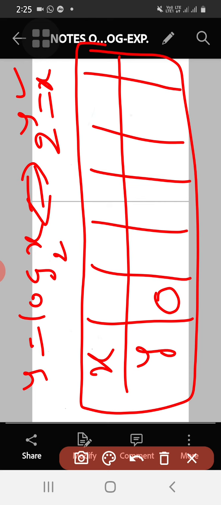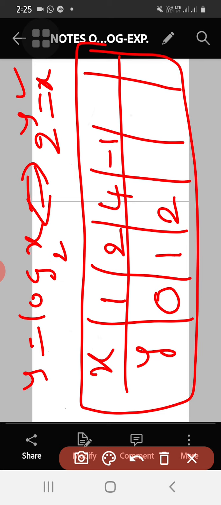If y is equal to 0, then 2 to the power of 0 is 1. If y is equal to 1, then 2 to the power of 1 is 2. If y is 2, then 2 square is 4. Then you can take some negative values.